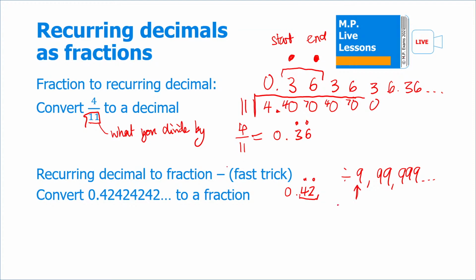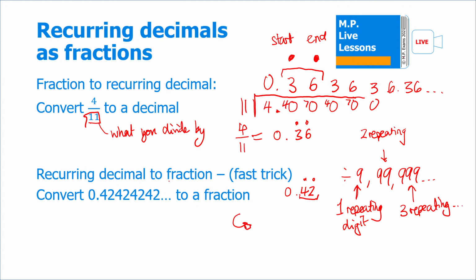You divide by 9 if there's 1 repeating digit. You divide by 99 if there were 2. You'd divide by 999 if there were 3 repeating, and so on. So as a little trick, this would become 42 over 99. And remember, you need to simplify this down. You can divide both sides by 3. So that becomes 14 over 33.